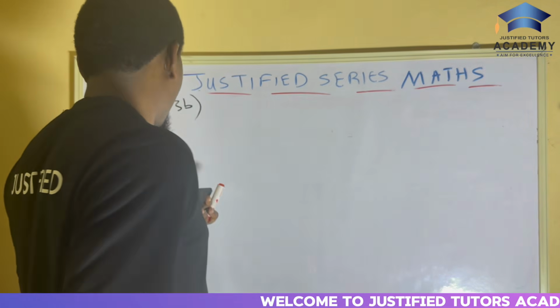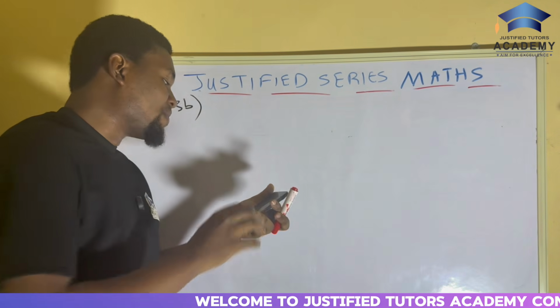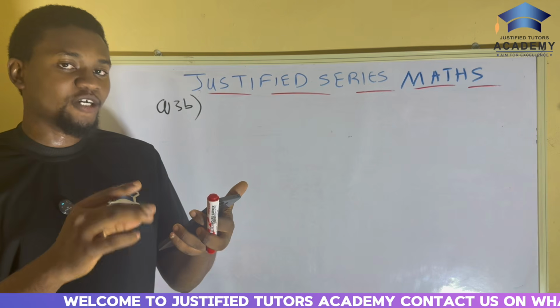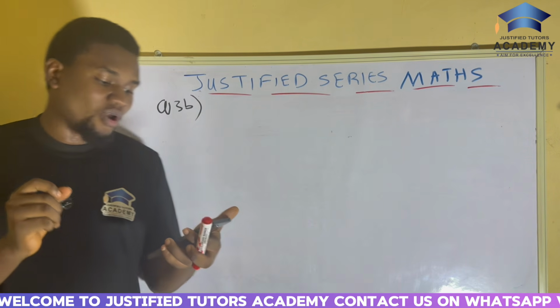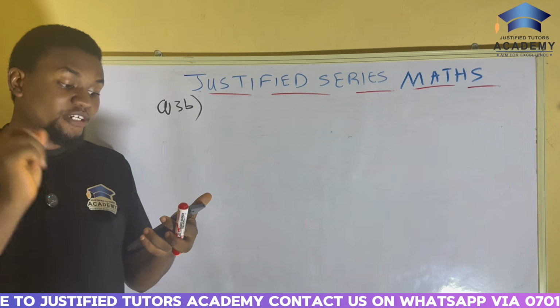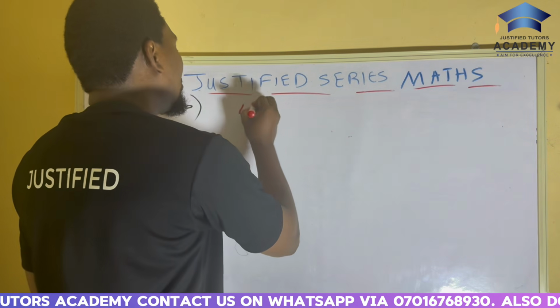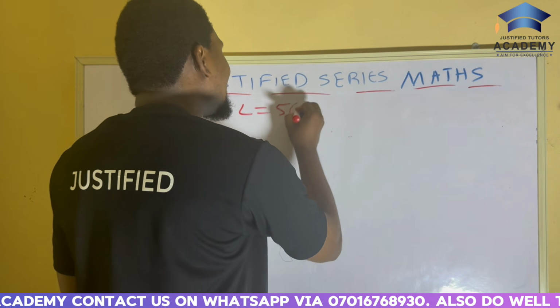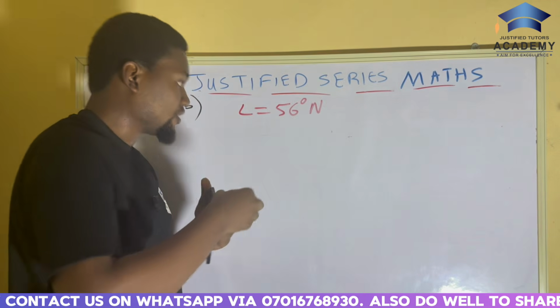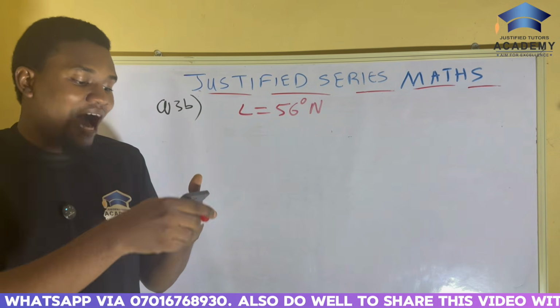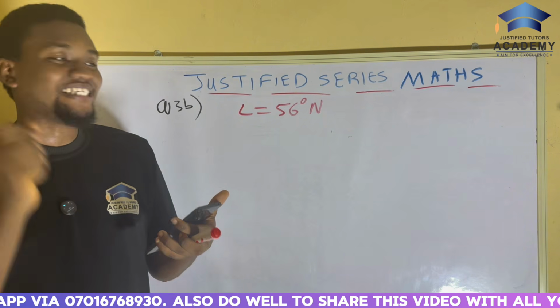Okay, so now question 3b says P and Q are two towns on the same earth surface on latitude 56 degrees north. So we are giving our latitude to be 56 degrees north. And the next one, their longitudes are 25 degrees east and 95 degrees east.